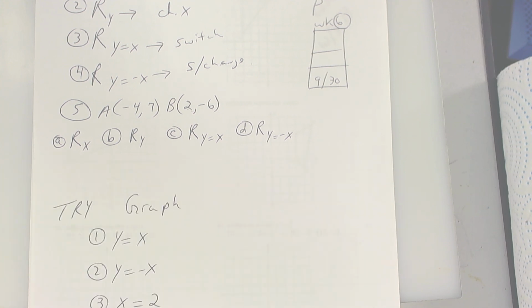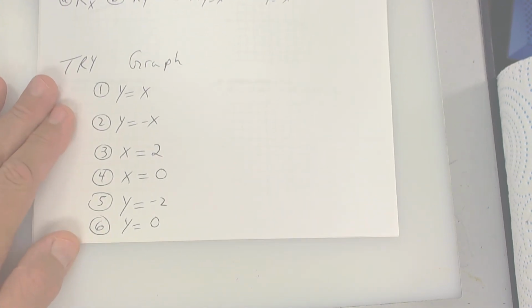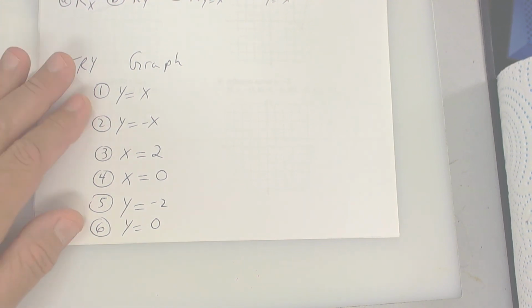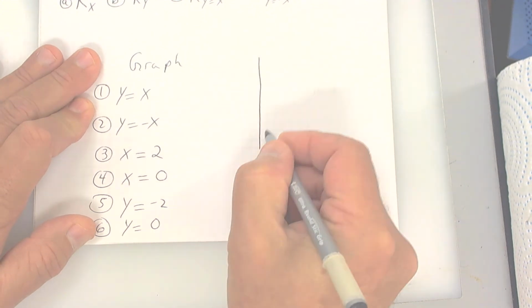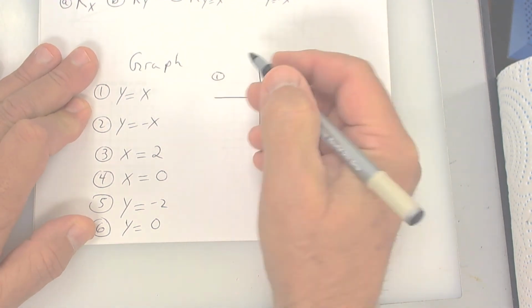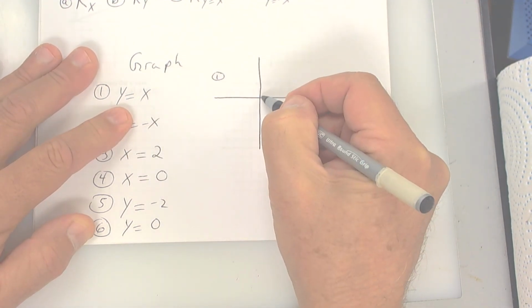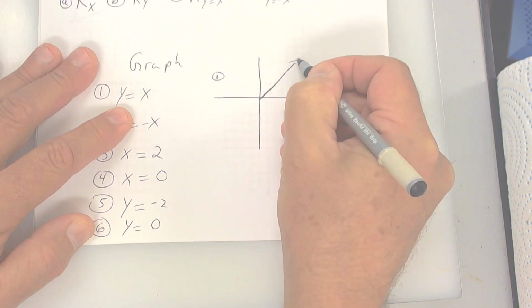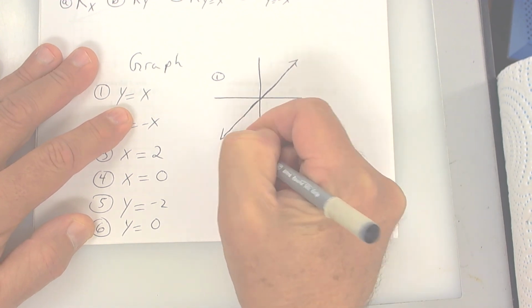All right, on a new sheet of paper, I want you to graph these lines. Let's take a look at that. Now you need to know how to do this, so watch. Number 1, y equals x is the 45. So that's number 1.